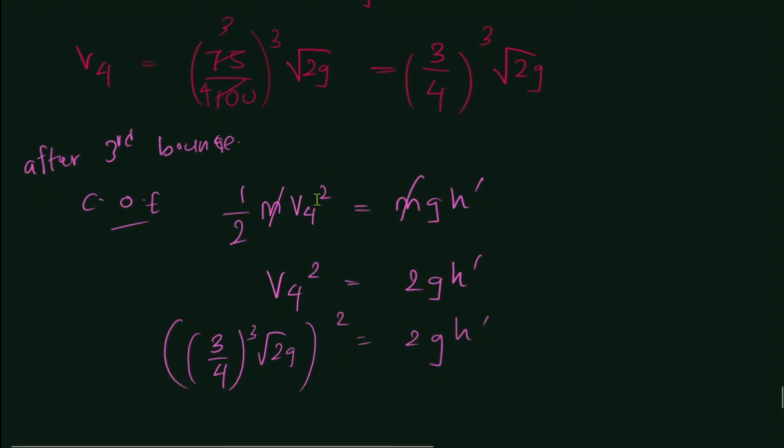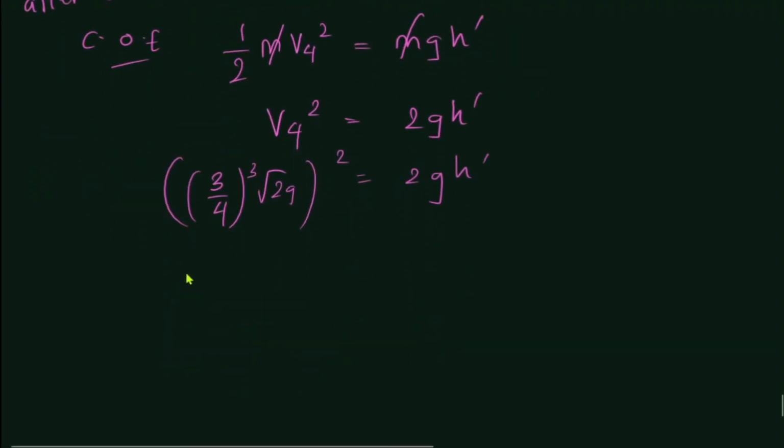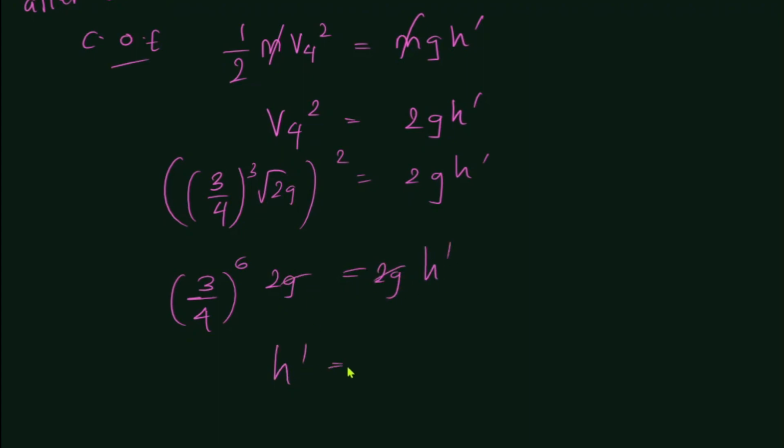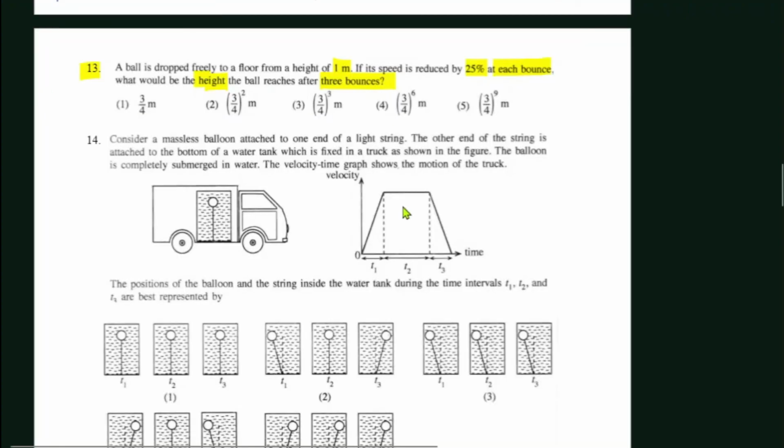If you square it, it's going to be 3 over 4 to the power 6, 2g. This root goes off, and 2g to 2g cancels out. H dash is 3 over 4 to the power 6 meters, which means the answer is this.